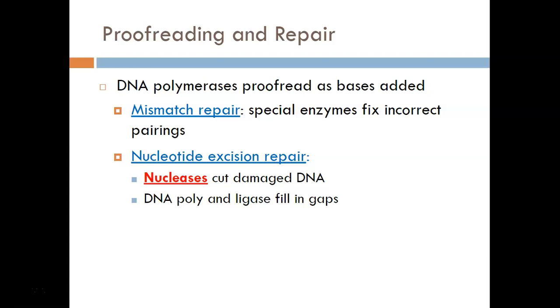There are also, if there's a messed up chunk, nucleases can come in and kind of cut out a damaged part, and then polymerase will just kind of copy over the mistakes, and ligase will glue it all back together. So just know that during the repair process, there is kind of a proofreading piece. Mistakes will still happen, but they happen a lot less frequently because there's that kind of quality control in place.